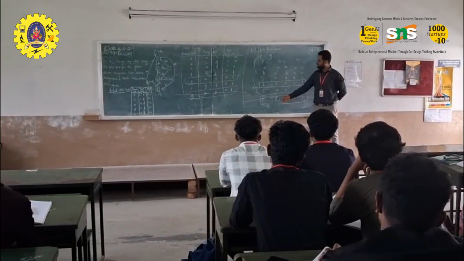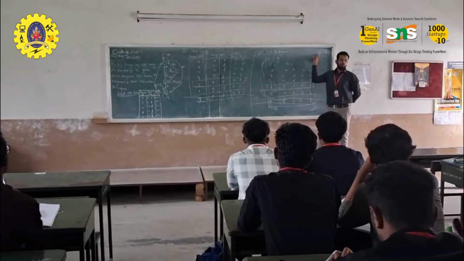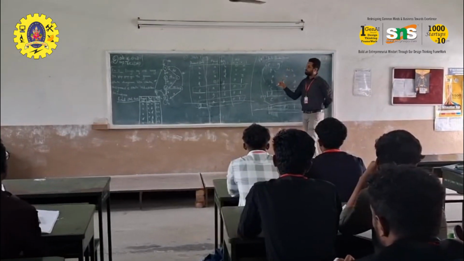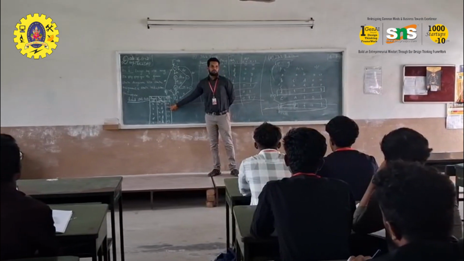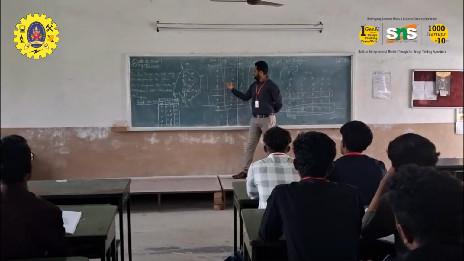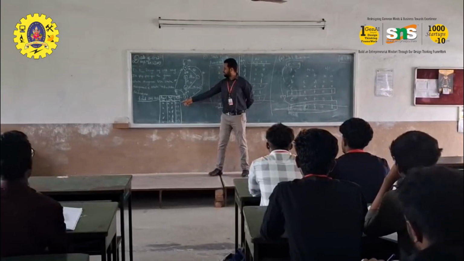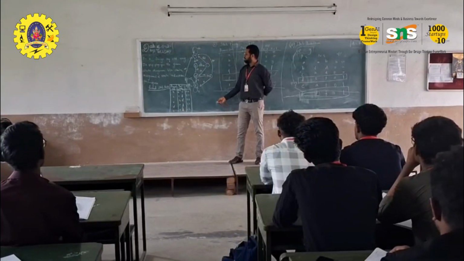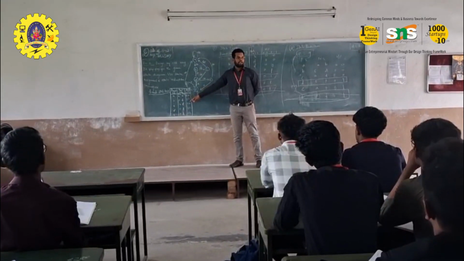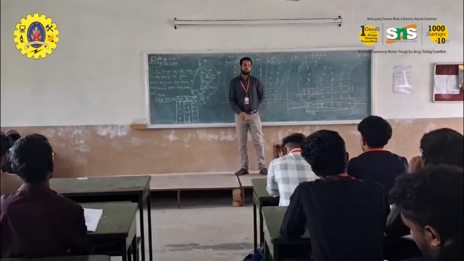So I am going to eliminate this F state, and for that I consider D equal to F. In the third step, I have to finalize my diagram. This is the actual state table, and this is my reduced state table. In this reduced state table, I have only 5 states: 1, 2, 3, 4, and 5. From this, I can redraw the state diagram so that the number of states is reduced.